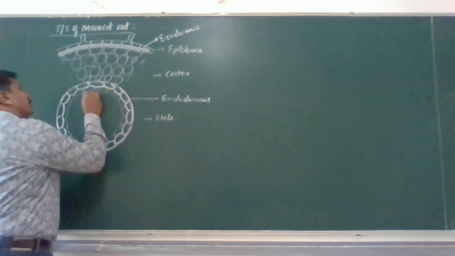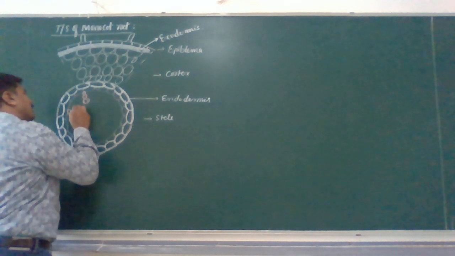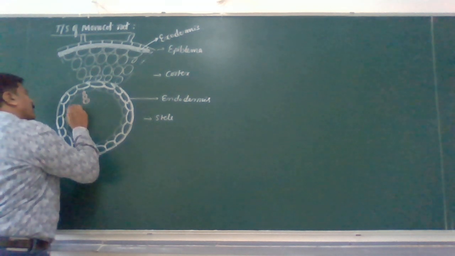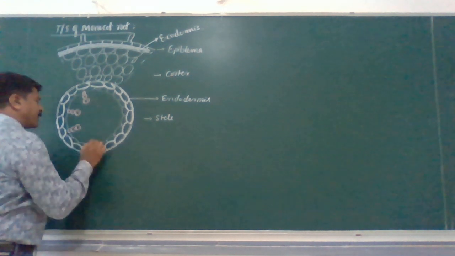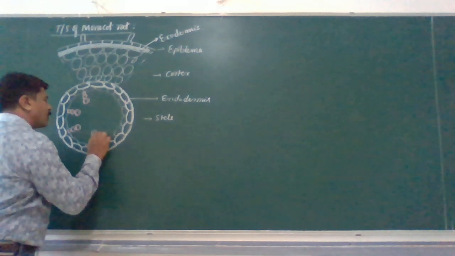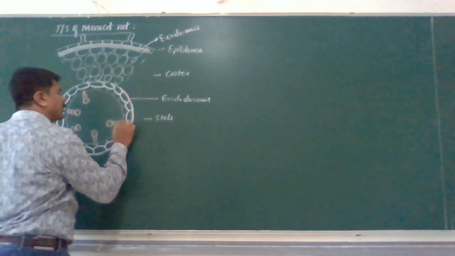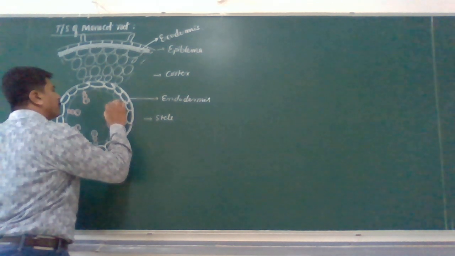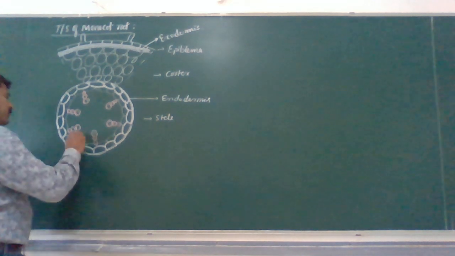As I said, the endodermis is exactly similar to the dicot root only. The innermost layer of the cortex is called endodermis, made up of a single layer of compactly arranged barrel-shaped parenchyma cells.